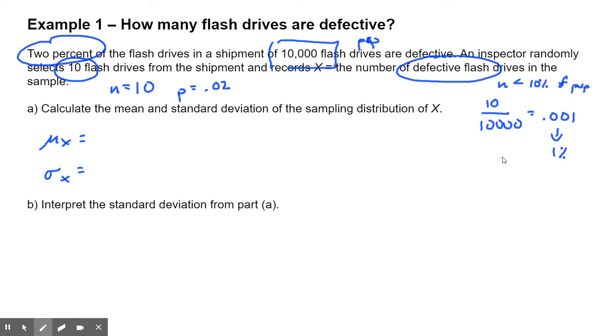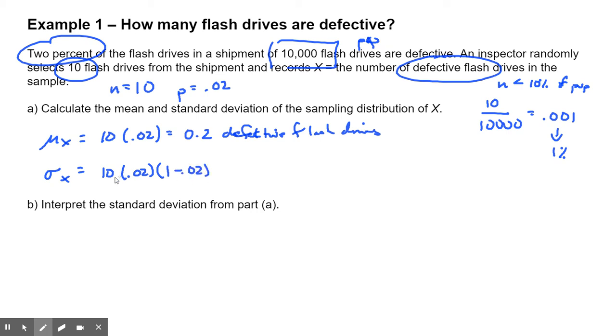Okay, we can assume this is approximately binomial. So we can use the two formulas, n times p. When you do this, you get 0.2 defective flash drives. So almost still close to 0 defective flash drives, just a small amount. And then to find sigma, we'll do the square root of 10 times 0.02 times 1 minus 0.02.